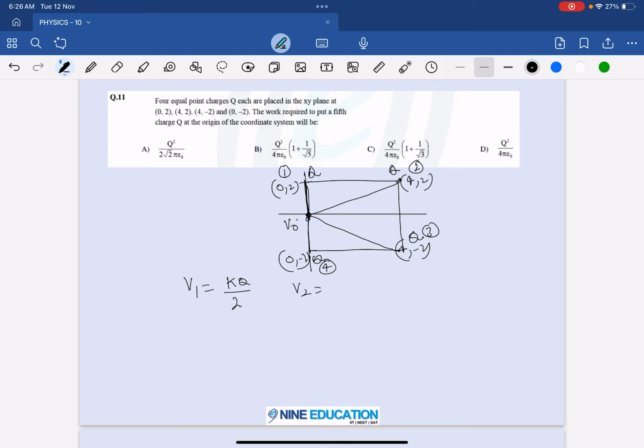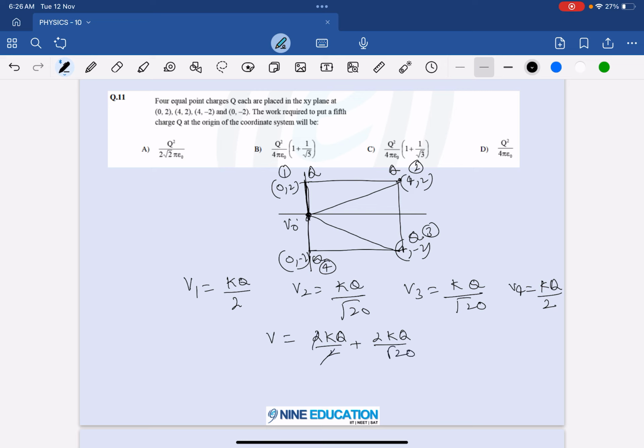V2 is also going to become kq, but this is 4 and this is 2, so it is going to become kq by root 20. What is the potential due to the third one? Potential due to the third one would be kq by root 20 again, and this will be due to the fourth one. Fourth one, it is going to become kq by 2. So we are able to see that the total potential is going to become 2 kq by 2 plus 2 kq by root 20.